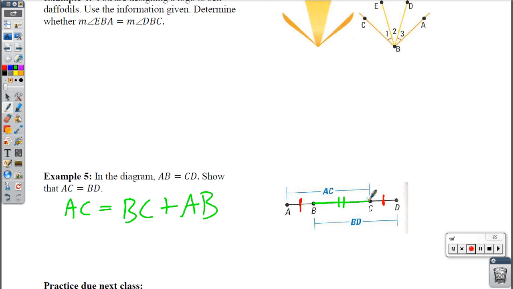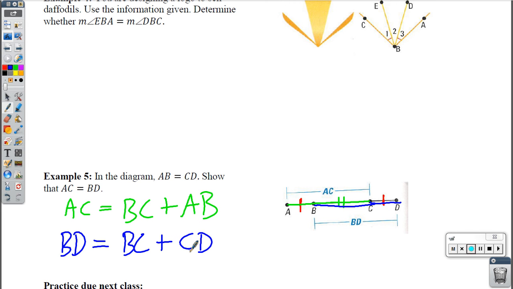If we add to it AB, then we'll get AC. All right, well, we can do the same kind of thing for segment BD. So we know that BD is equal to segment BC plus segment CD. So if we take segment BC and then add segment CD to it, we will get the same thing.